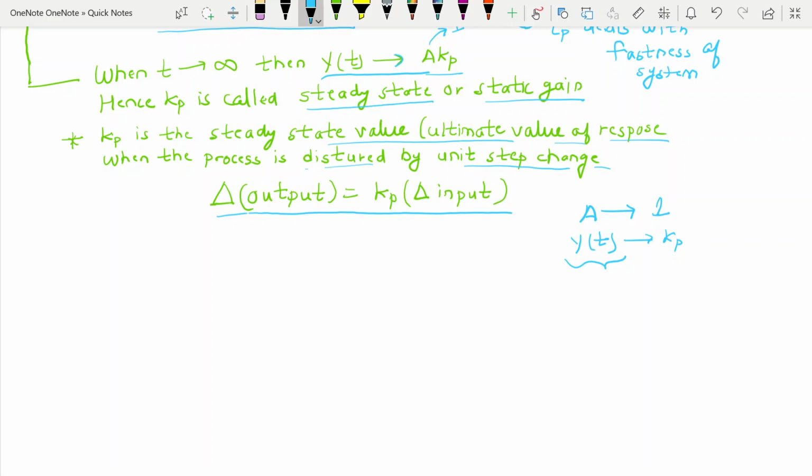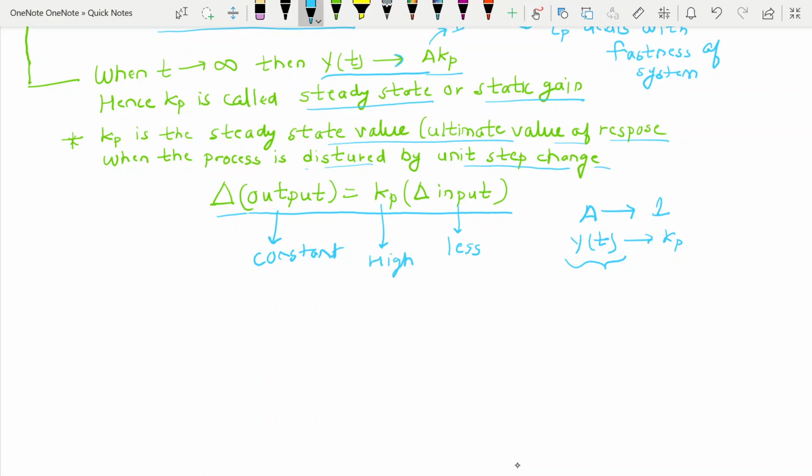Okay, so suppose I am keeping my output constant, and if my input is less, then my Kp should be high.